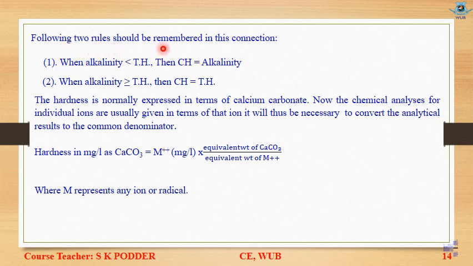The following two rules should be recommended in this connection. When alkalinity is smaller than total hardness, then carbonate hardness is equal to alkalinity, and when alkalinity is greater than total hardness, then carbonate hardness is equal to total hardness.